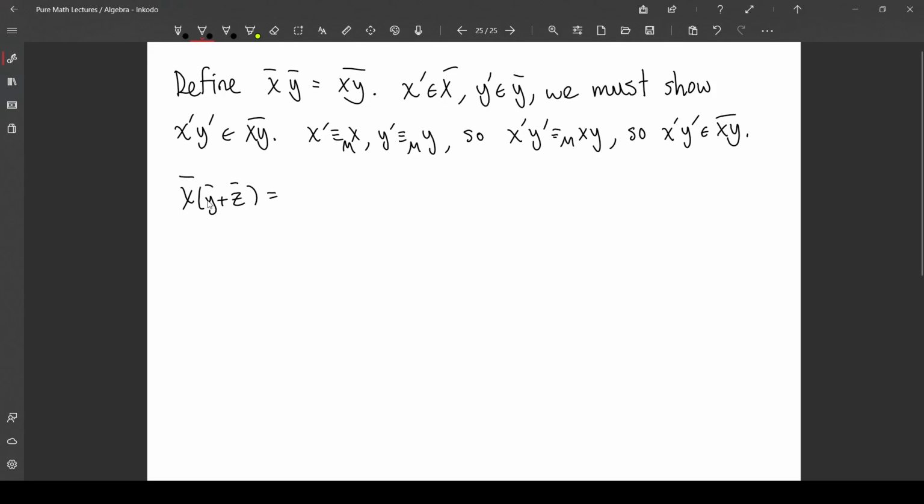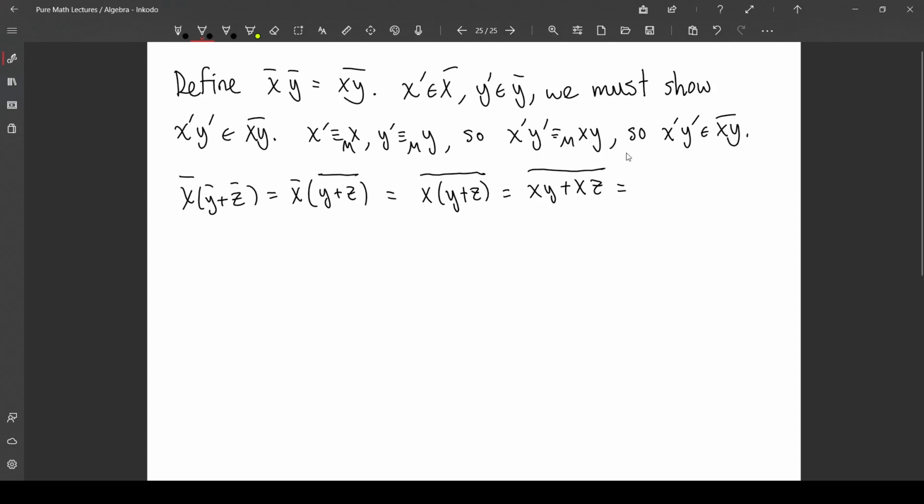The first thing we can do is we know that the sum of two cosets is the coset corresponding to the sum of the representatives. And then we have a product of two cosets, which is the coset corresponding to the product of the representatives. Now we can use the distributive law on R to get that this is xy plus xz, and the coset representing that.